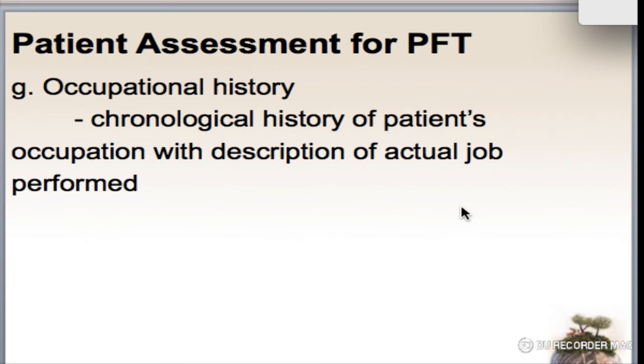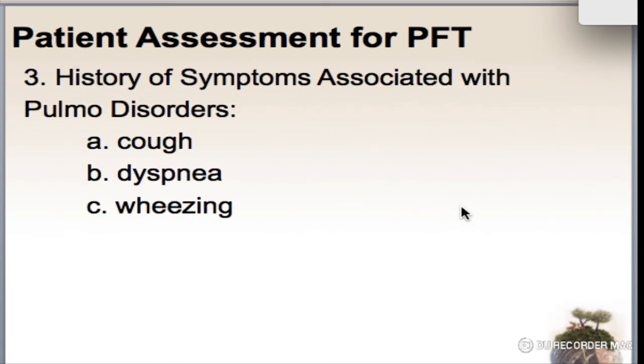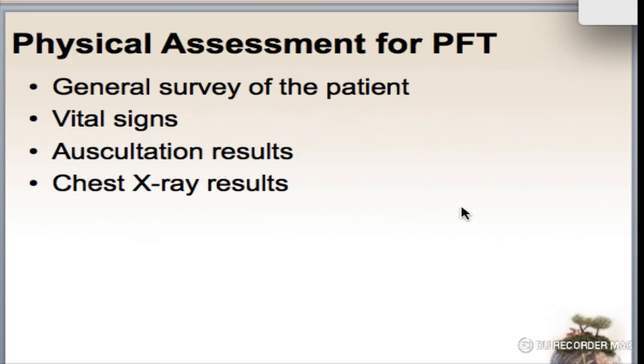Then the occupational history of the patient, which is a chronological history of the patient's occupation with a description of the actual job performed. Then the history of symptoms associated with pulmonary disorder. We also have the general survey of the patient, the vital signs, auscultation results, and chest X-ray results.